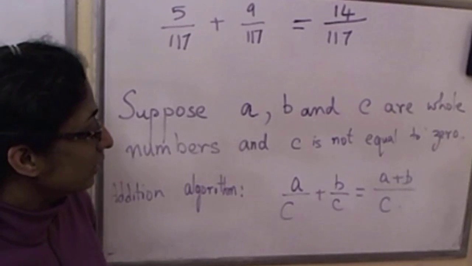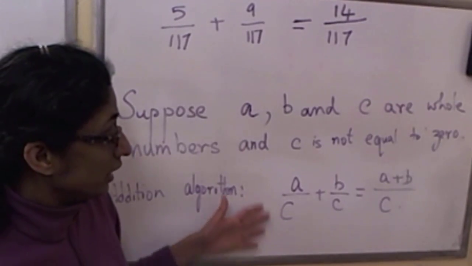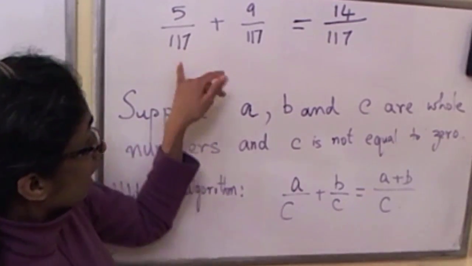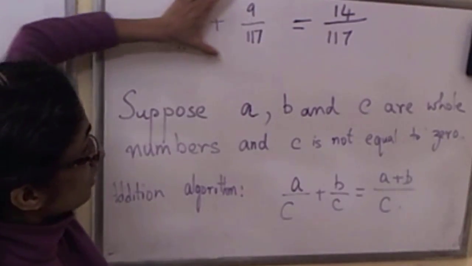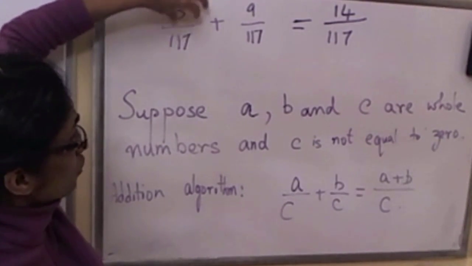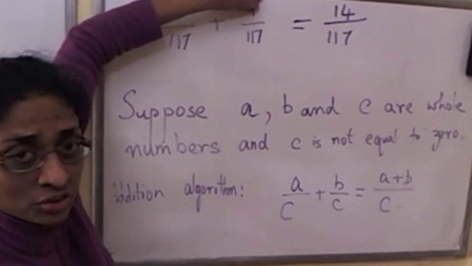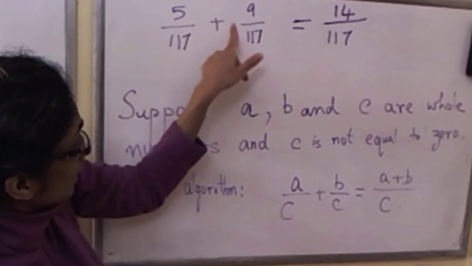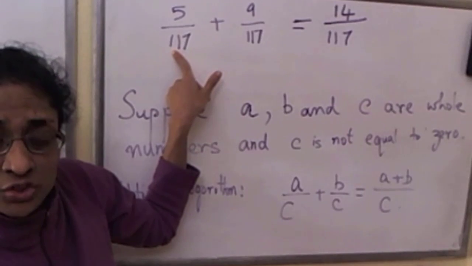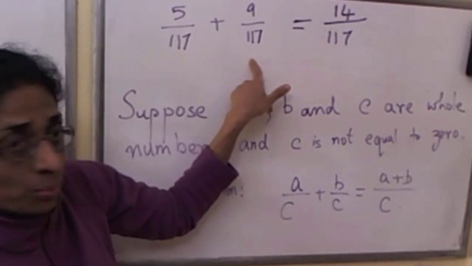Okay? And why do we use letters? We use letters to signify that instead of writing down lots and lots of these problems, you can write an infinite number of problems, because you can pick anything in the numerator, anything in the other numerator, and then you have to pick another non-zero whole number for the denominator to write up such a problem.